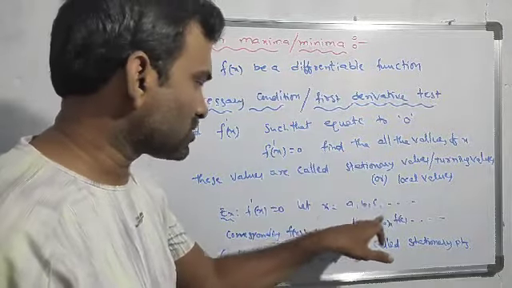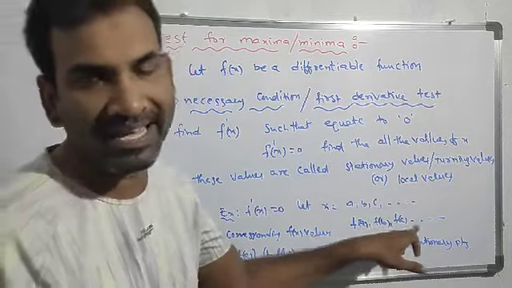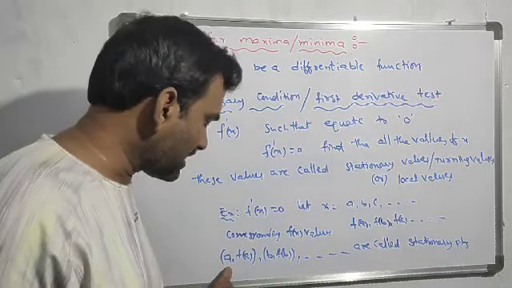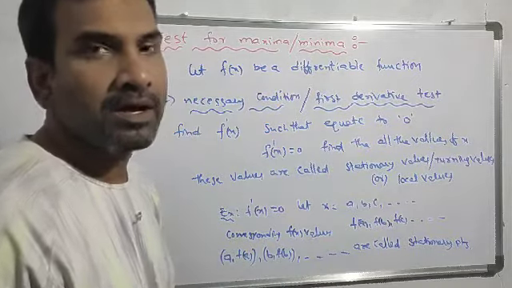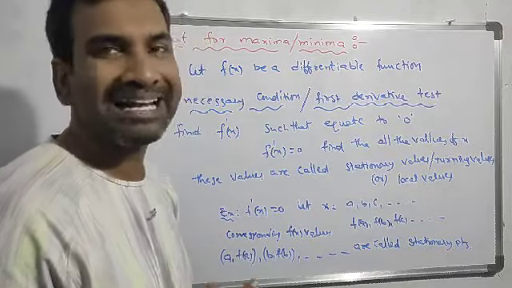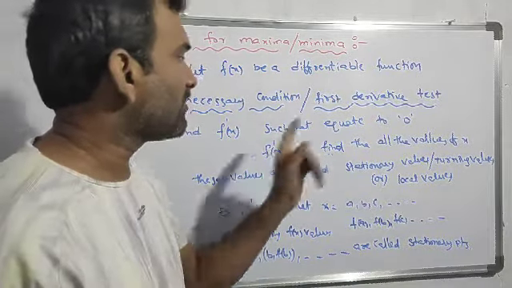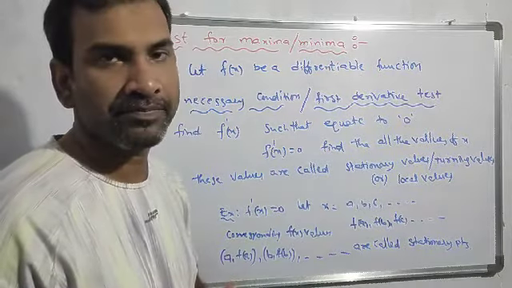At those values, the corresponding function values are f of a, f of b, like this. So the x comma y point and function value are called local points, stationary points or turning points. According to first derivative test, we have to find the stationary values.